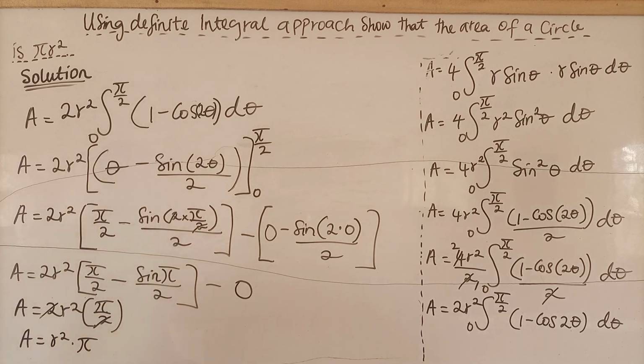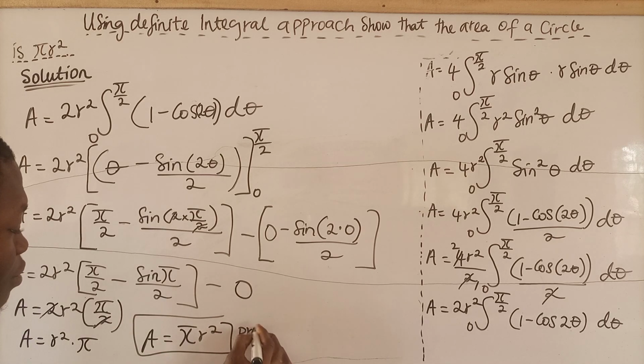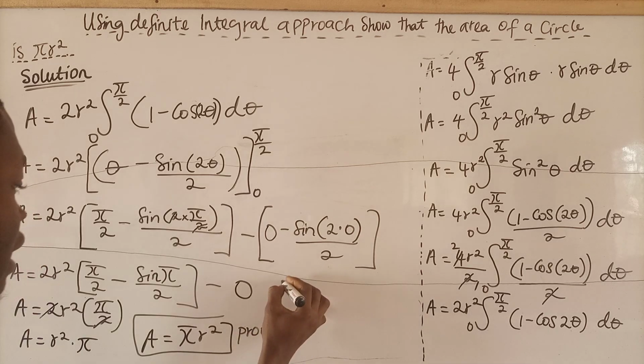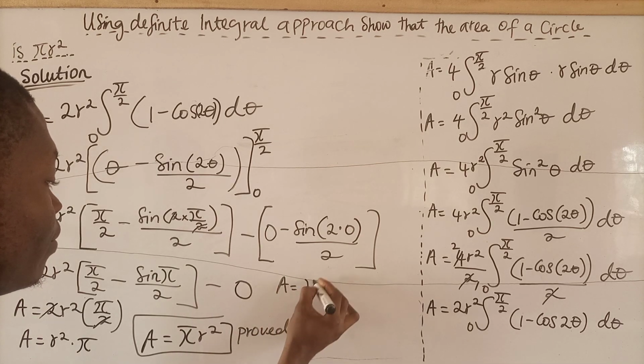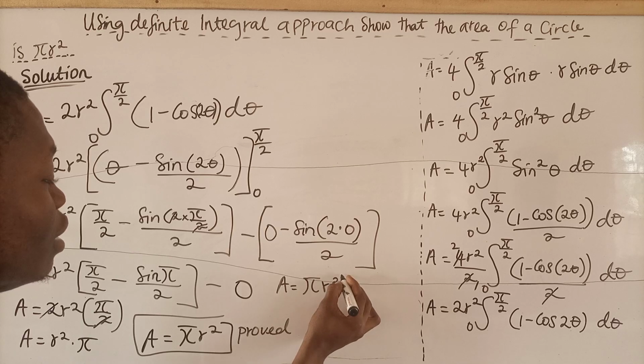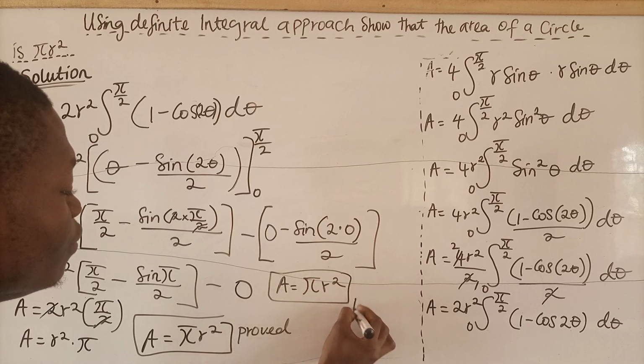Therefore, our area is equal to pi r squared. Proved. Or I can write it here: our area is equal to pi r squared. Proved.